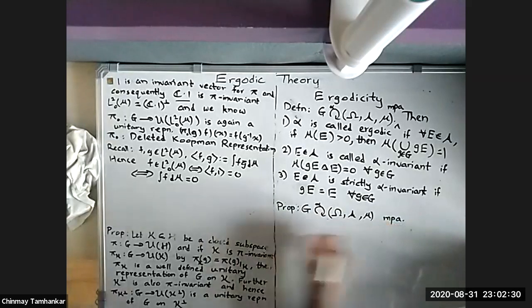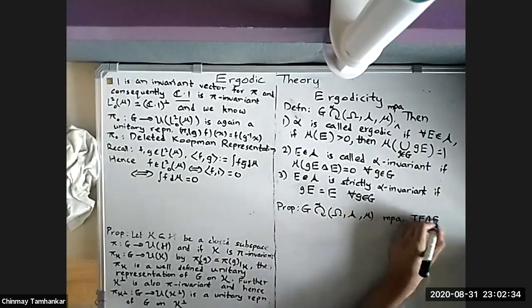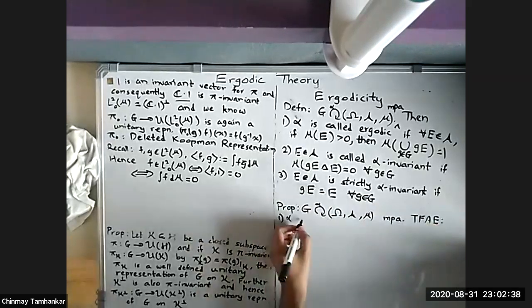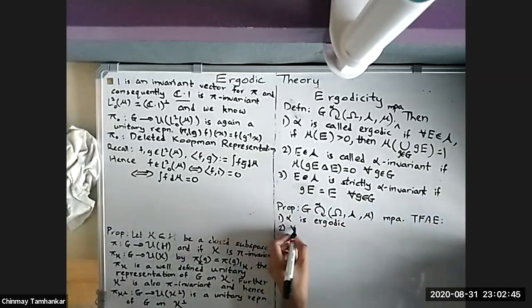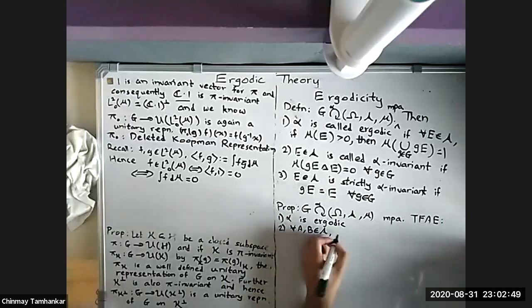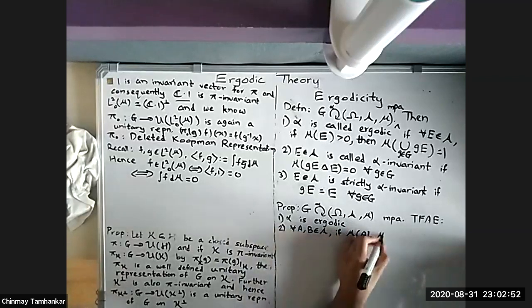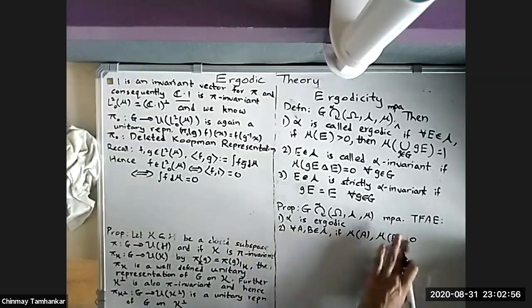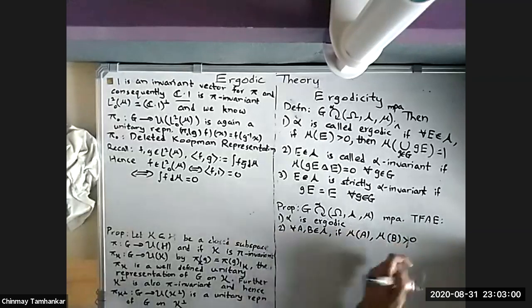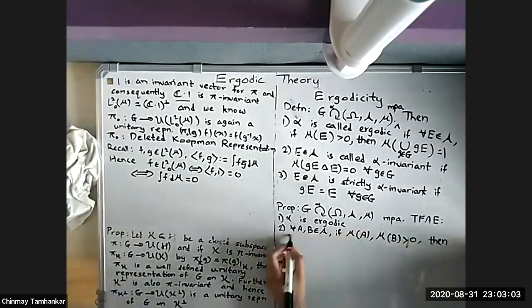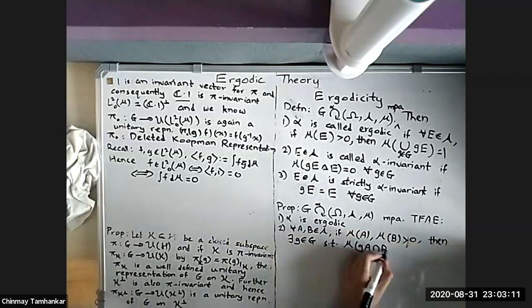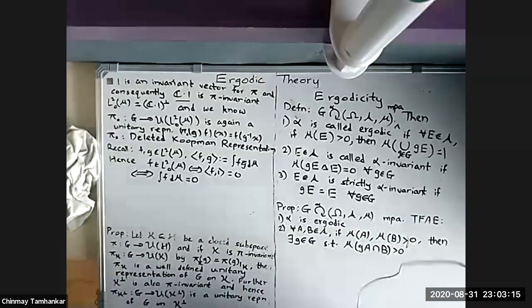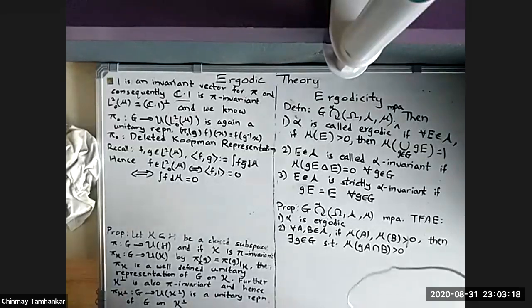Then the second condition: if we have two sets with non-zero measure, then there exists a group element such that if we act that thing on A, then it intersects with B non-trivially.